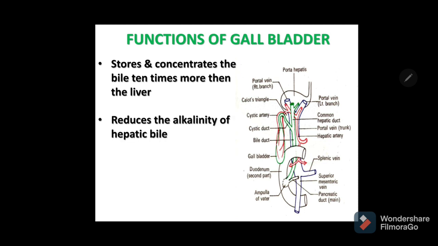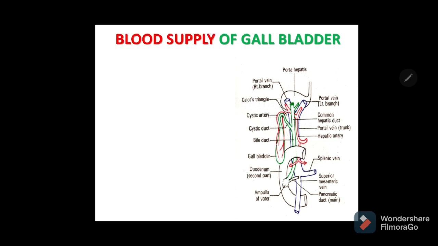It stores and concentrates the bile 10 times more than the liver, reduces the alkalinity of the hepatic bile, and equalizes the biliary duct pressure. The concentration of the bile is done by removing the water from what is synthesized by the liver. That's why the gallbladder has more lymphatics and mucosal folds for more absorption of water to concentrate the bile.